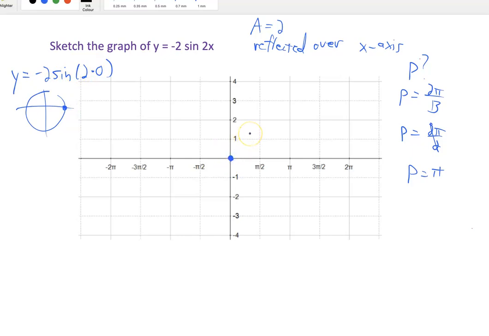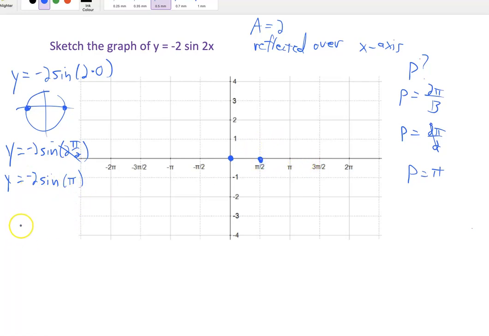Sine, as long as we're only changing amplitude and period, is always going to start at 0. All right, we got 1 point. Let's do pi over 2. Y equals -2 sine of 2 times pi over 2. Those cancel. I'm going to rewrite so I don't lose any of my information or get too sloppy. Sine of pi. All right, sine of pi, I'm over here. What's my y value there? Also 0. -2 times 0, I'm at 0.